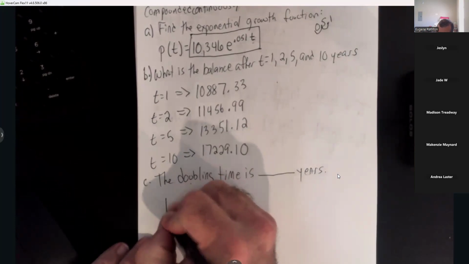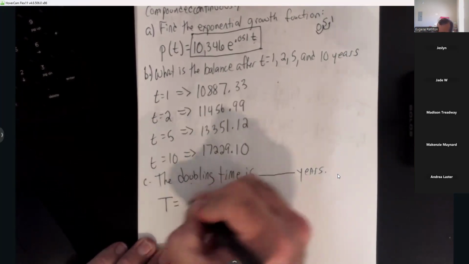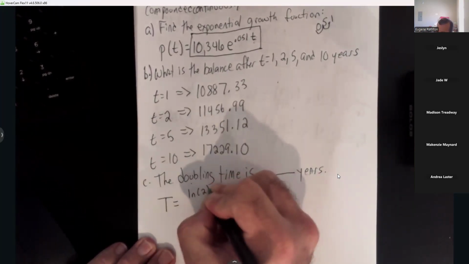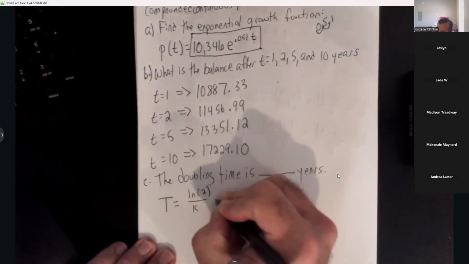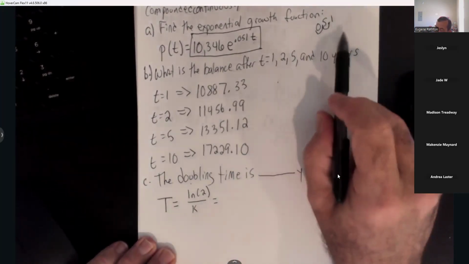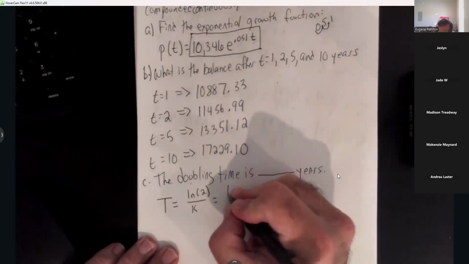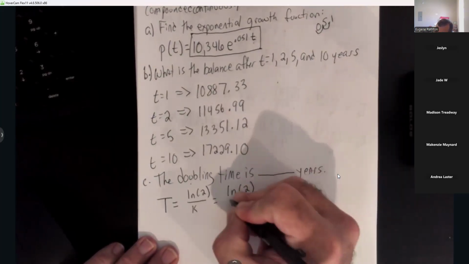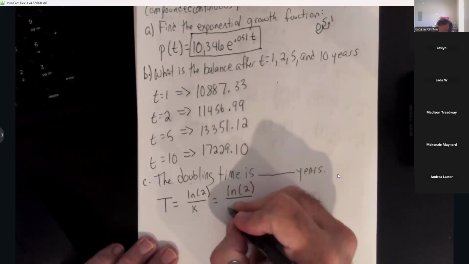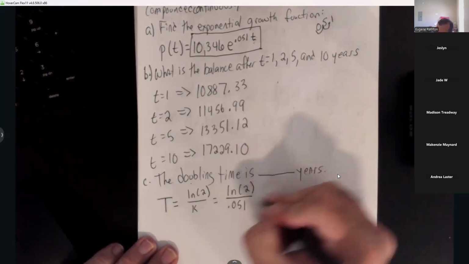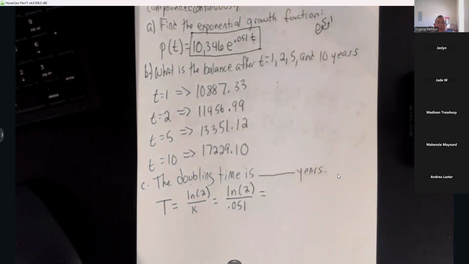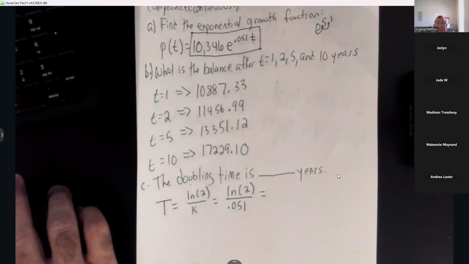So doubling time was capital T equals the ln of 2 divided by K. Well, we got K up there. That was at 0.051. So this will be the ln of 2 divided by 0.051. Hey, y'all, so that's all we got to do on that one.